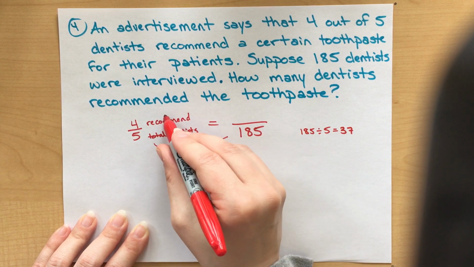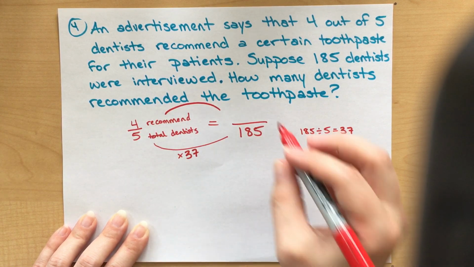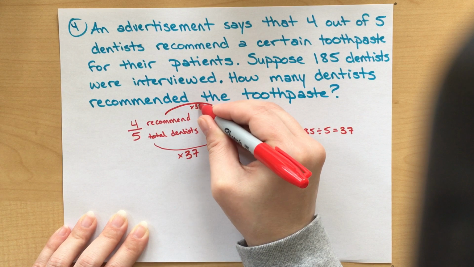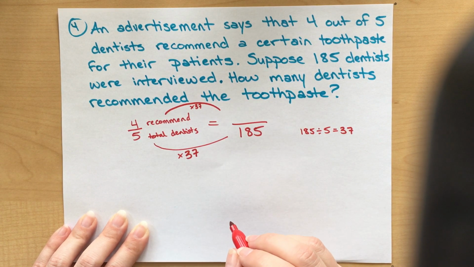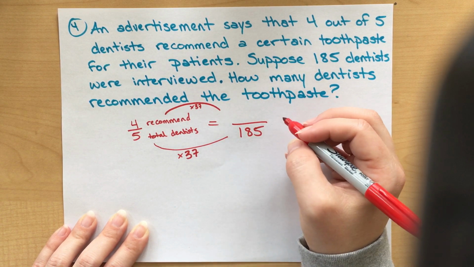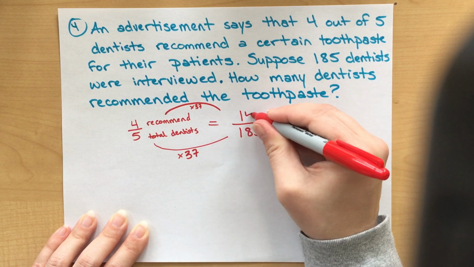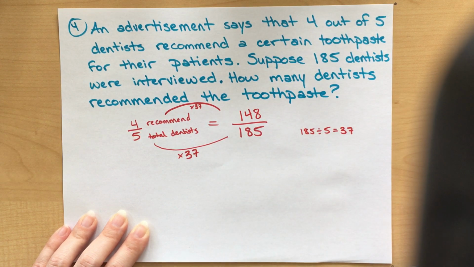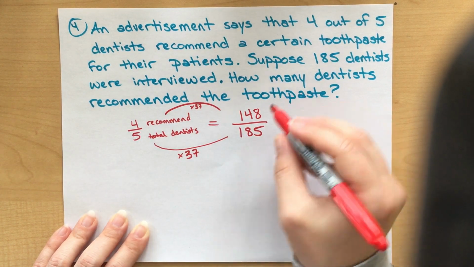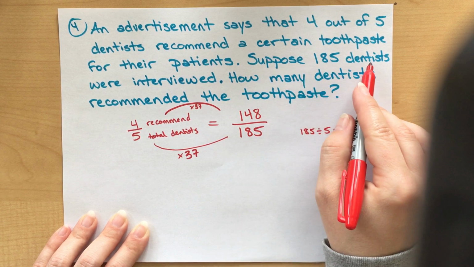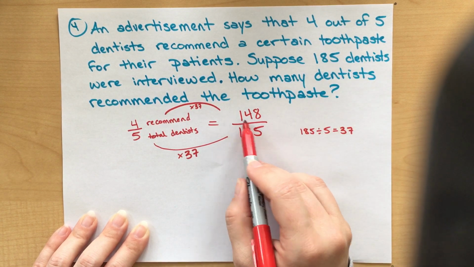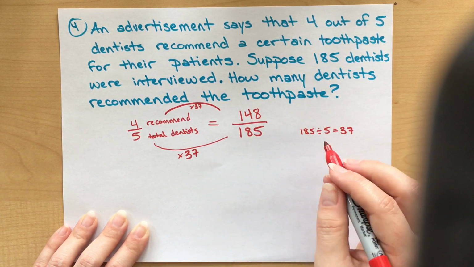What I do to the bottom, I have to do to the top. 4 times 37 is going to give me, I believe, 148. Yes. Okay, 148. So this is the fraction way. This is basically saying if there were 185 dentists interviewed, 148 of them would recommend the toothpaste.